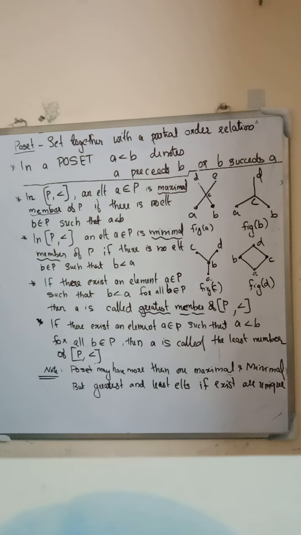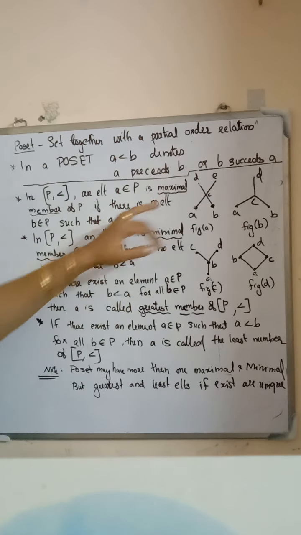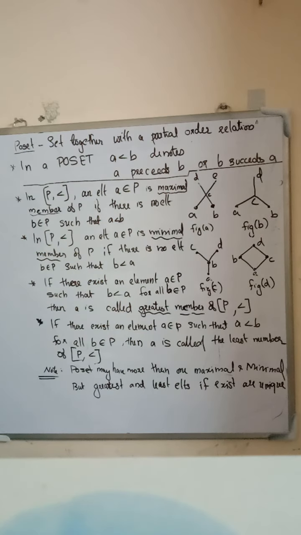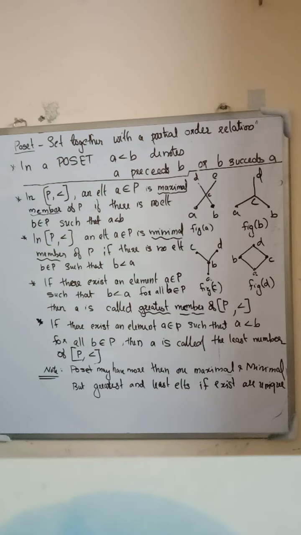If it is greatest, then all other elements of P are less than D. Here E is also not a greatest member because E is not comparable with D.